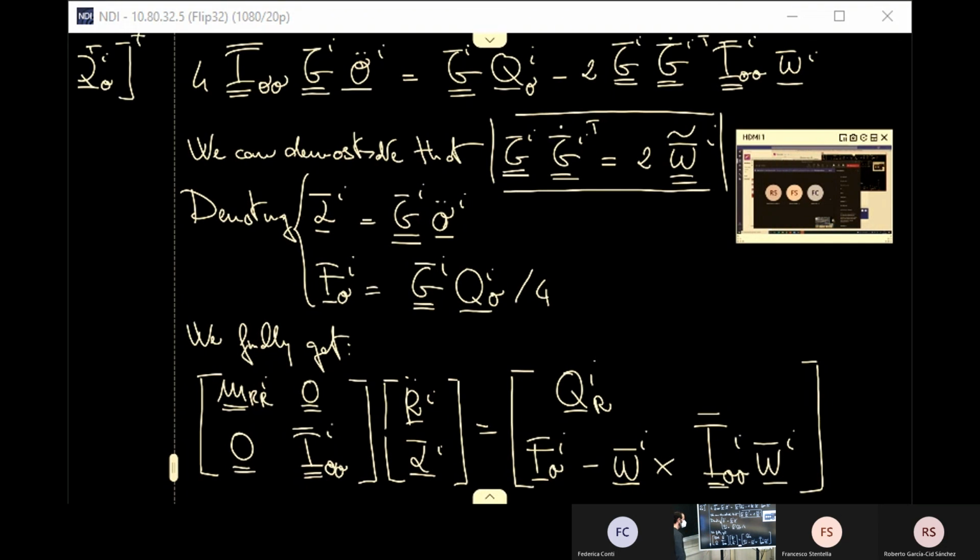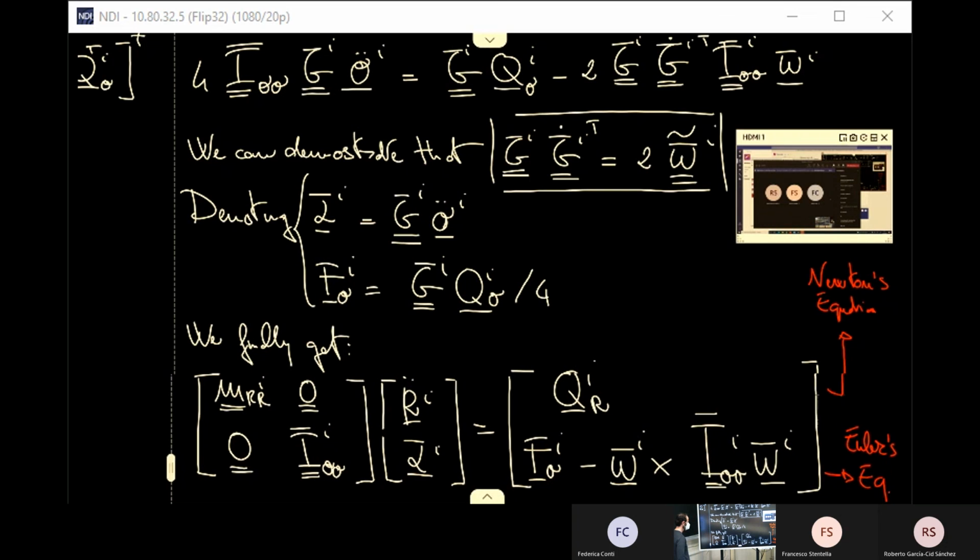So this is the final form, the canonical form of Newton-Euler's equations, in which, as I was mentioning, this one here is Newton, and the second one here is Euler equation.